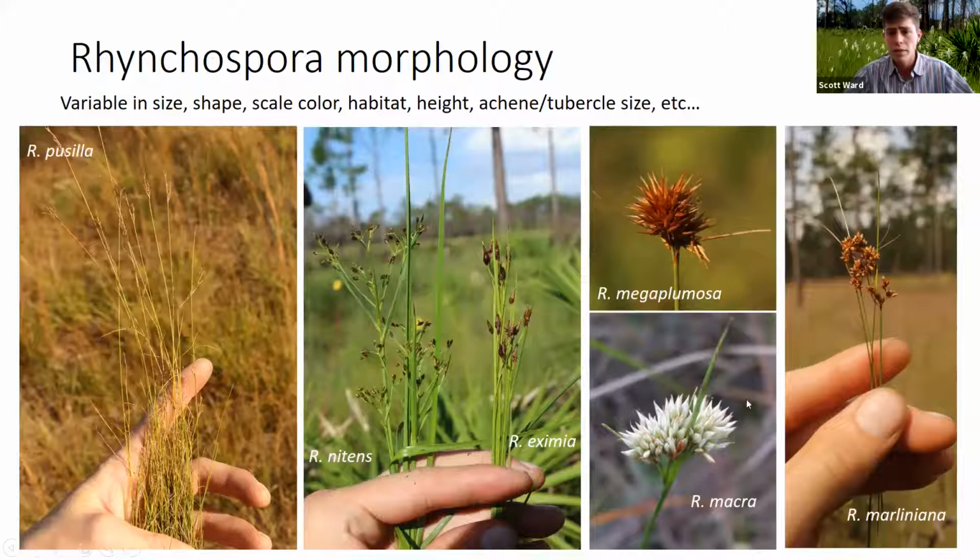But you can just see some of the differences here, like in Rhynchospora macra with white scales compared to most others that have these brown scales surrounding the spikelets. Some species have really tiny inflorescences like Rhynchospora pusilla and subsequent achenes. You really benefit from using things like a basic cheap dissecting microscope you can get online or whatever.